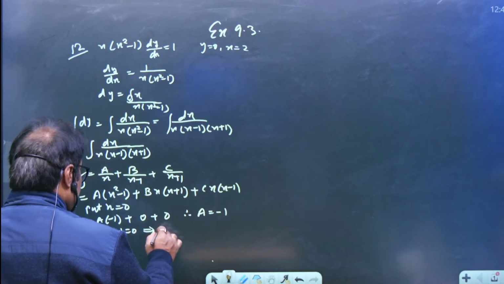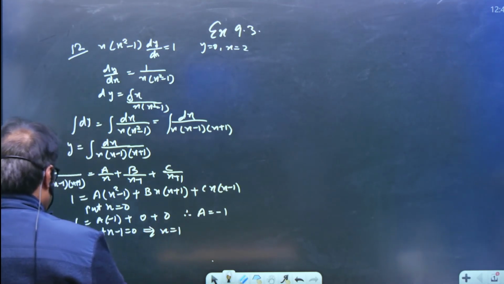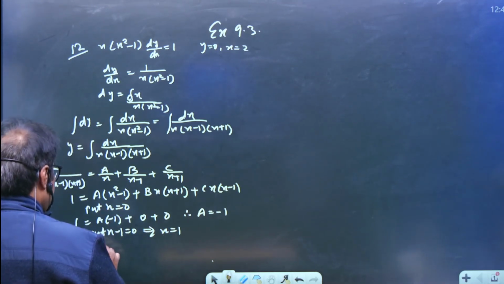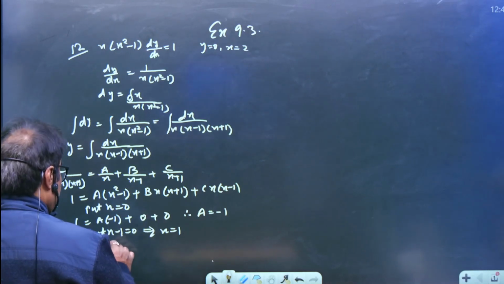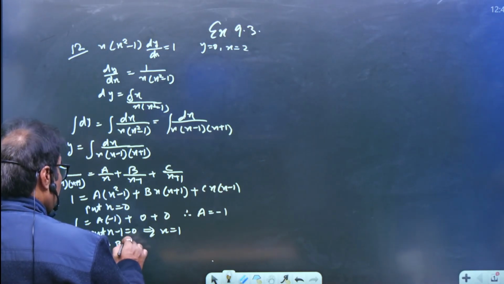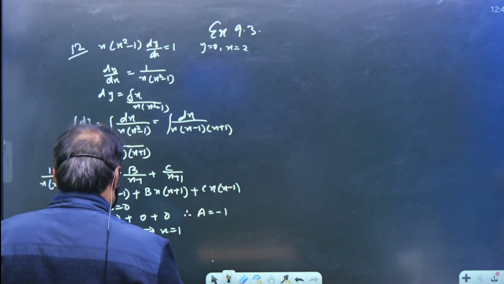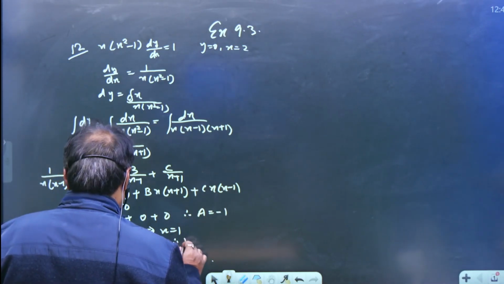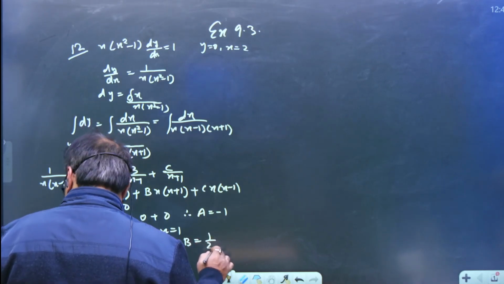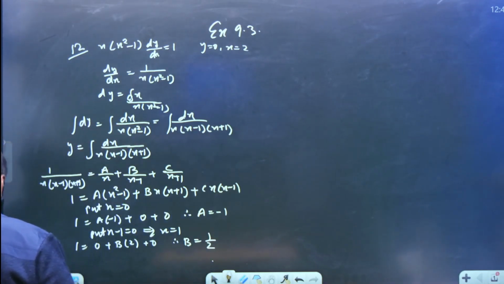So this implies that the value of x is 1. So this is 1 and now this will be 0, and plus b into 1 plus 1, that is equal to 2, and now this will be 0. So we got the value of b. The value of b is equal to 1 upon 2.